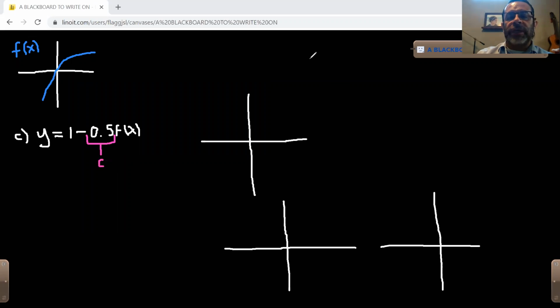And so what I'm going to do here is I'm going to write the original function in blue. And so the only thing that's going to be happening there is that the compression is going to make this kind of sort of flatten out. Okay. And so the compression is going to generate something like this.